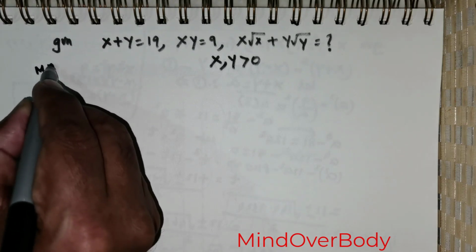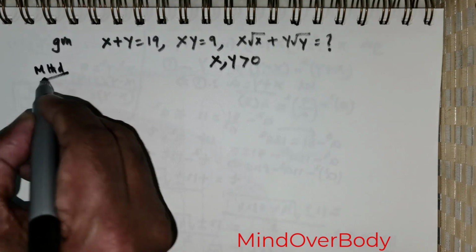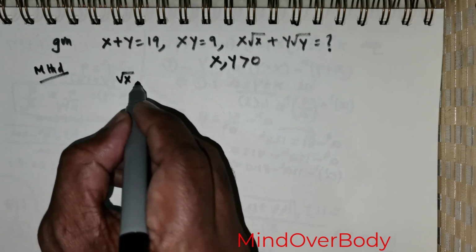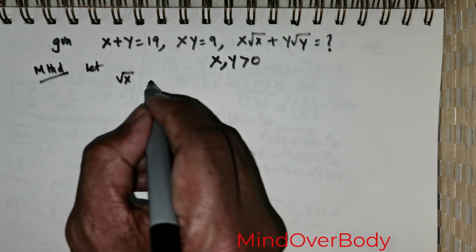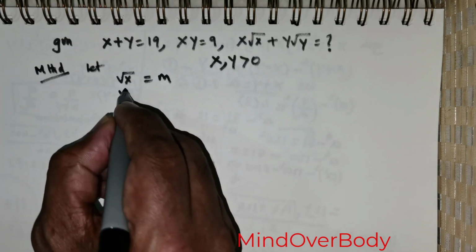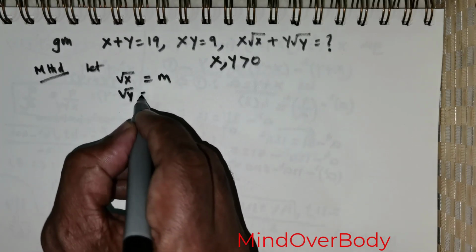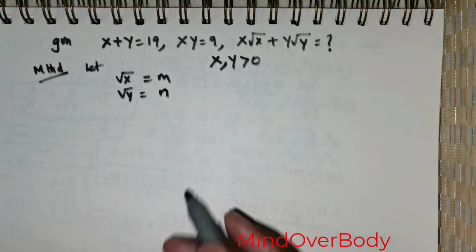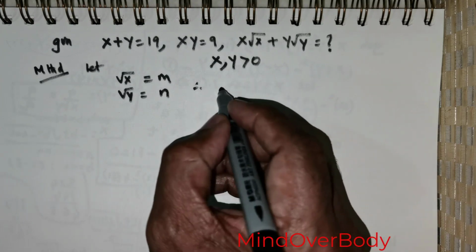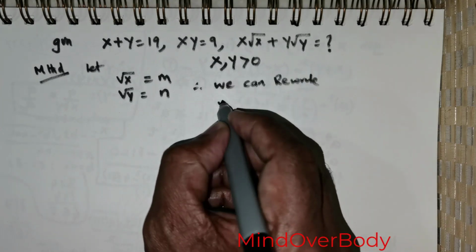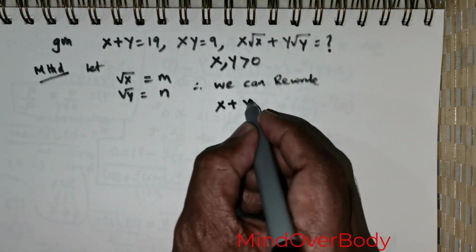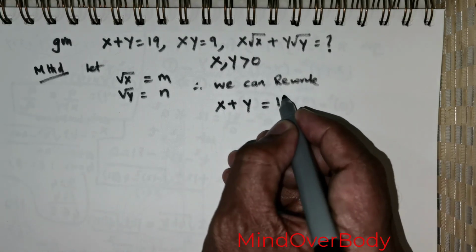So let's get started. Method number 1. For this method, I'm going to take root of x. Let root of x be equal to, say, m, and root of y be equal to n. So therefore I can rewrite x plus y is equal to 19.